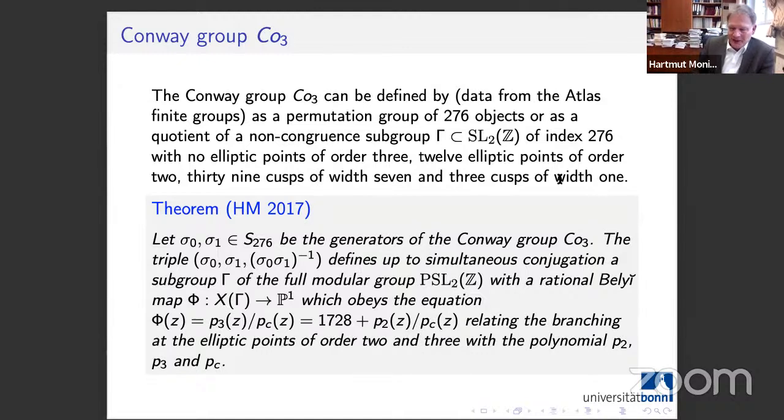What I expect from my previous experience is that the Galois group of the field of definition of my Belyi map will be a wreath product of S3 with some other group, which is more or less generic.